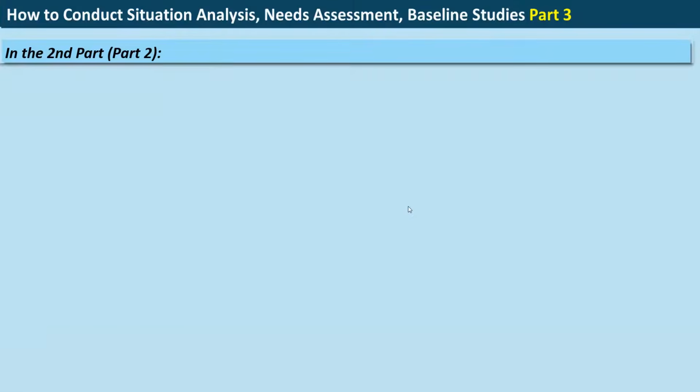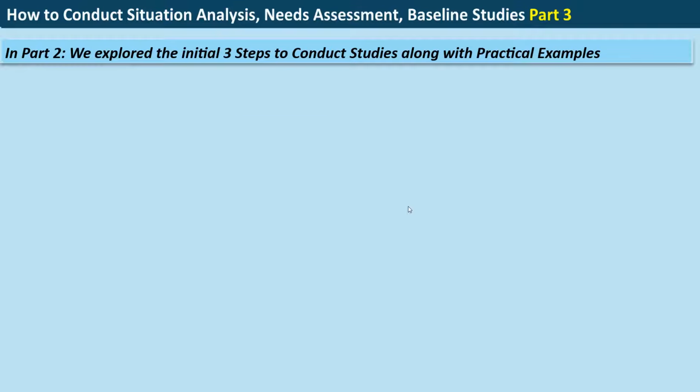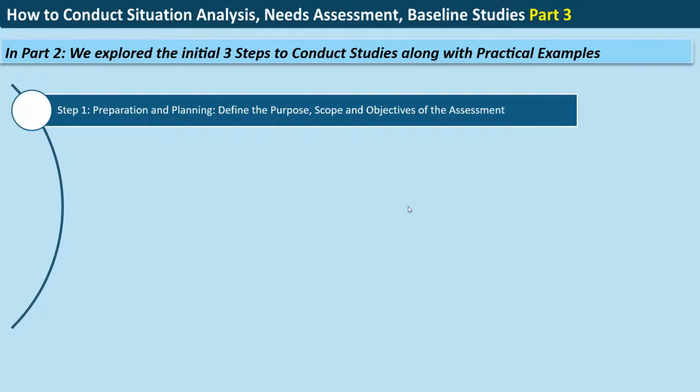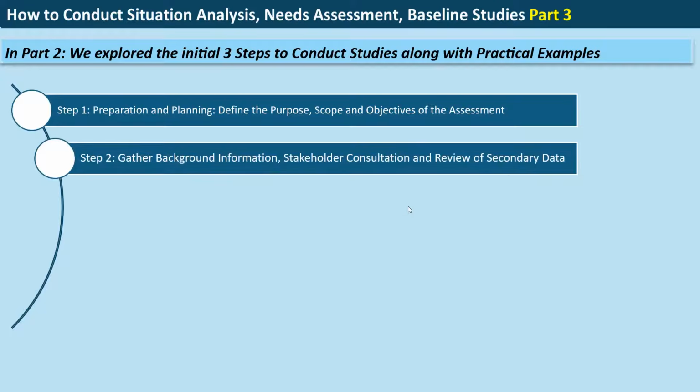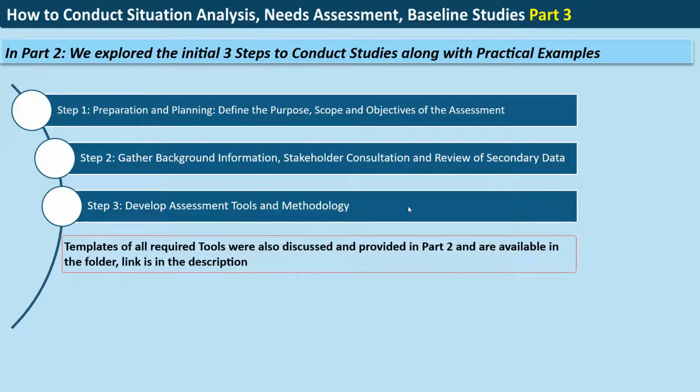Then in the second part, we started exploring each step in detail. We covered these steps in the second part. Step number 1, preparation and planning, defining the purpose, scope and objectives of the assessment. Step number 2, to gather background information, stakeholder consultation and review of secondary data. Step number 3, to develop assessment tools and methodology.